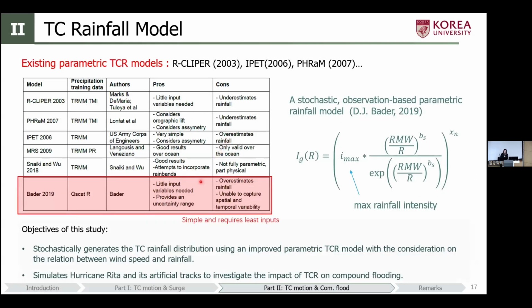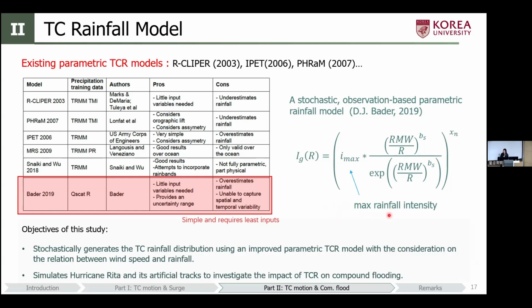Anyway, we should build some model of the TC rainfall. Actually there are lots of models already extensively used, like the R-CLIPER and IPET, but they also have some limitations. So recently there is a statistical model based on the Holland model, and they revised it into a rainfall model.